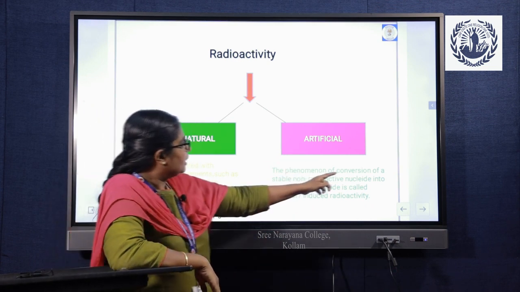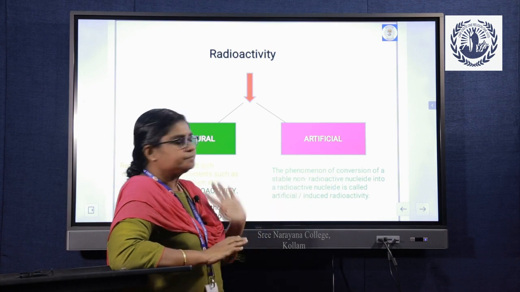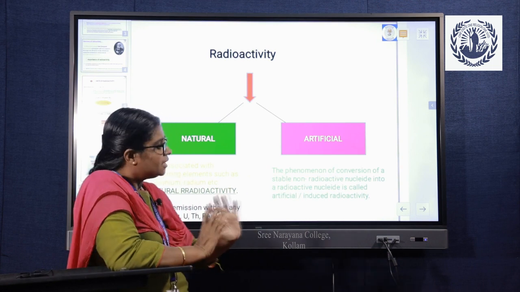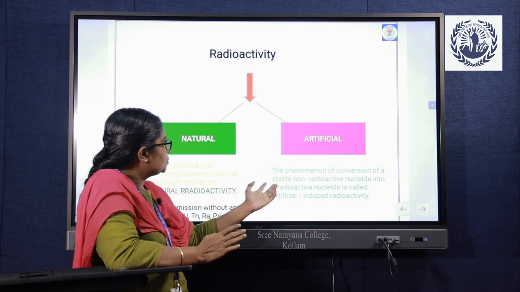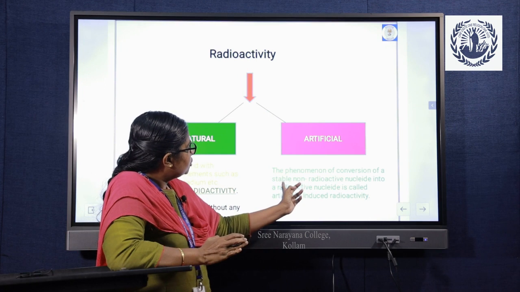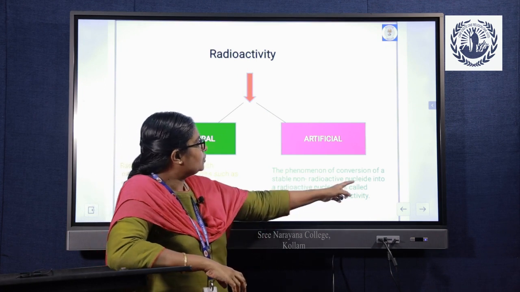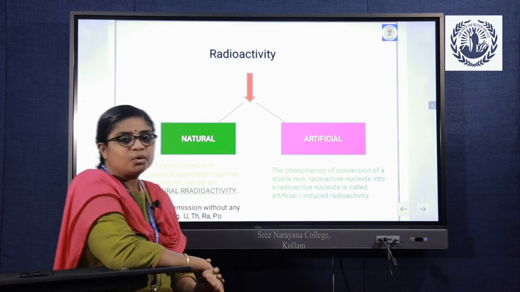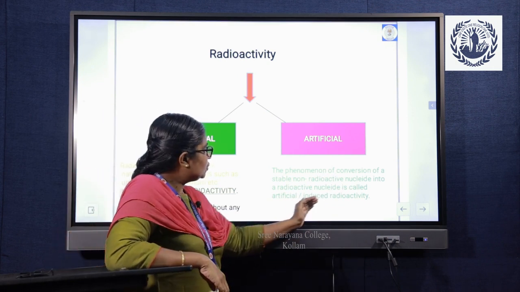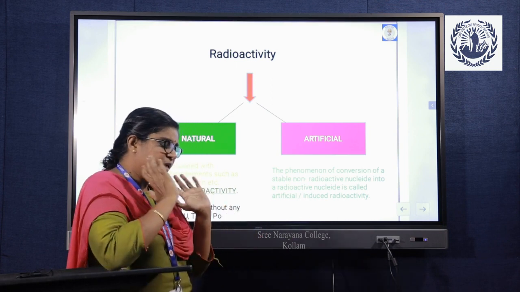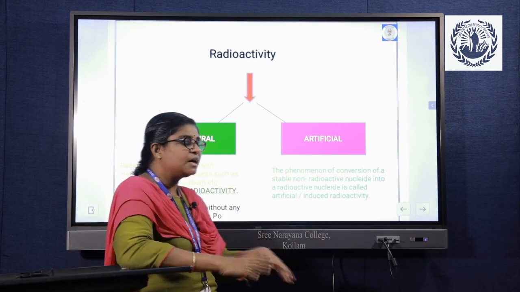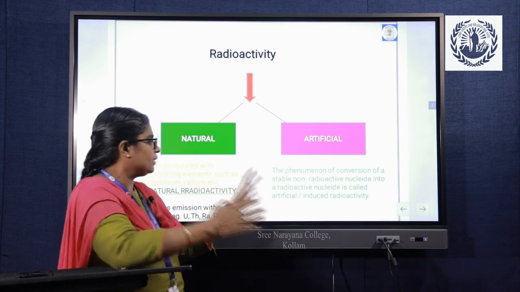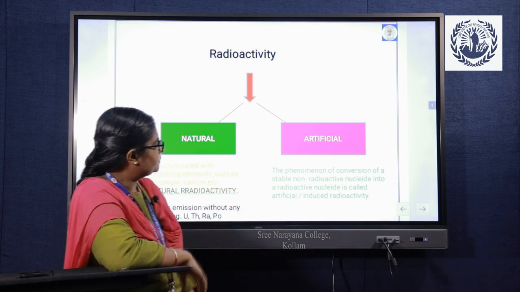The phenomenon of conversion of a stable, non-radioactive nucleus, one that produces no radiations naturally, into a radioactive nucleus is called artificial or induced radioactivity. Induced means that by use of external force, we force that nucleus to emit the radiations.